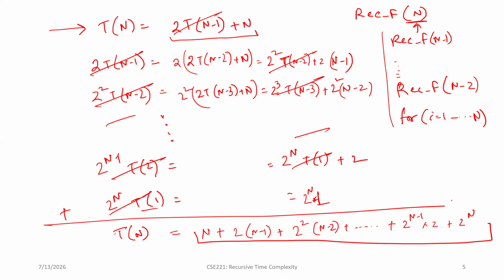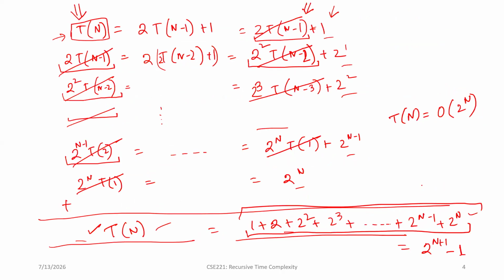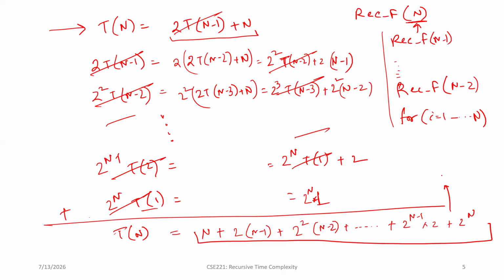Now, what remains is to put a formula for this series, which is not trivial, not straightforward here. But from this one and from our basic knowledge, we can say, let's say this is just 2 to the n, this is also 2 to the n.